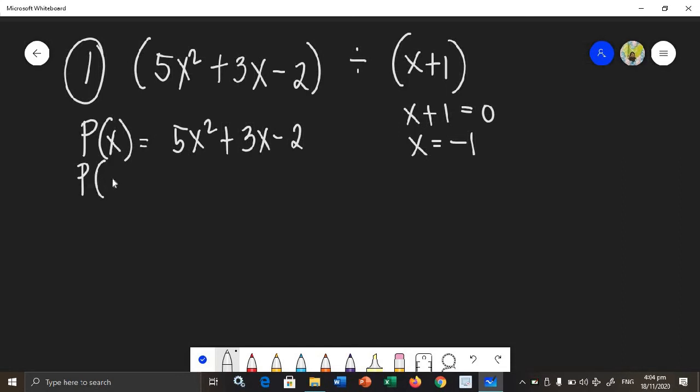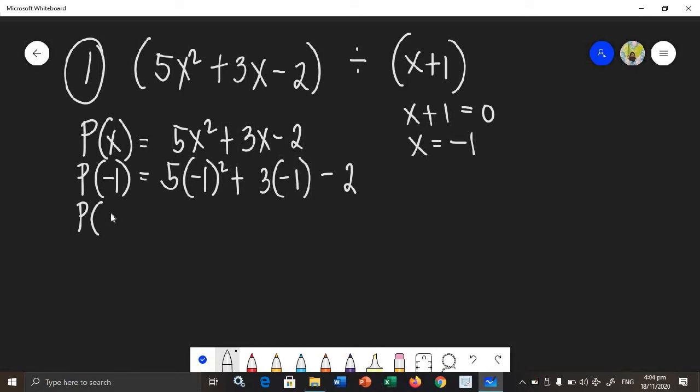So p(negative 1) equals 5 times negative 1 squared, plus 3 times negative 1, minus 2. We need to get rid first of the terms with exponents.